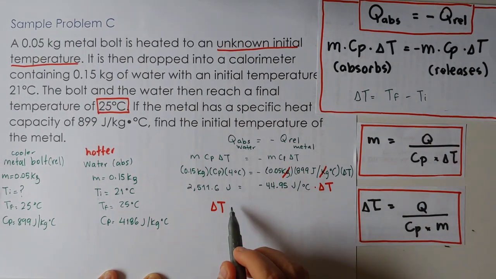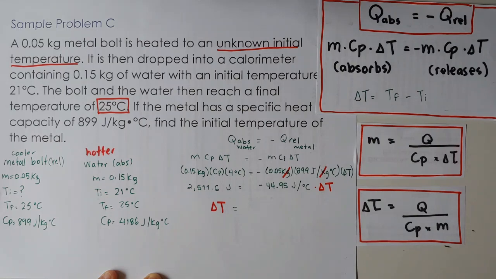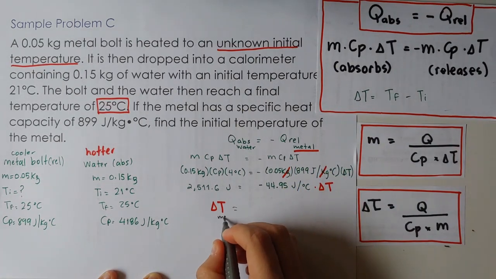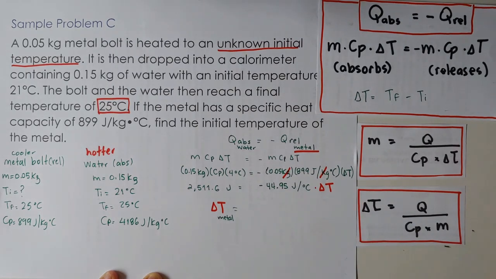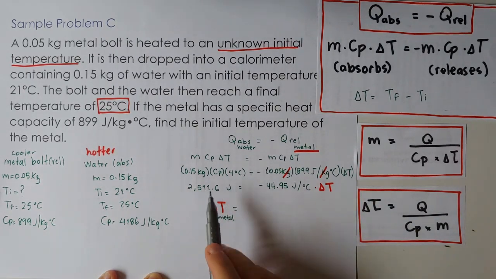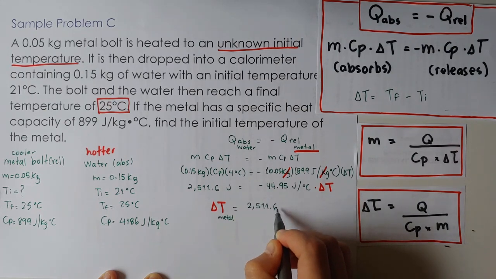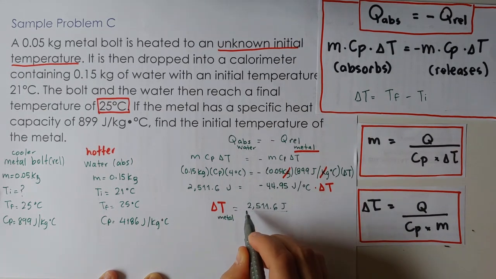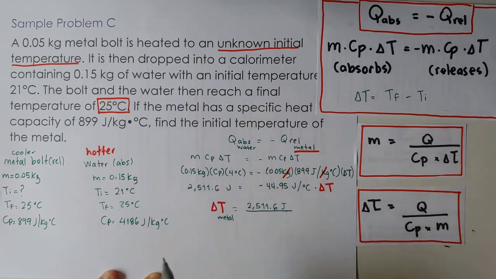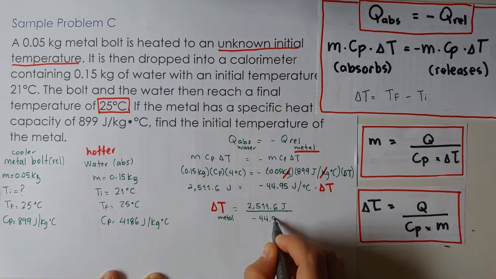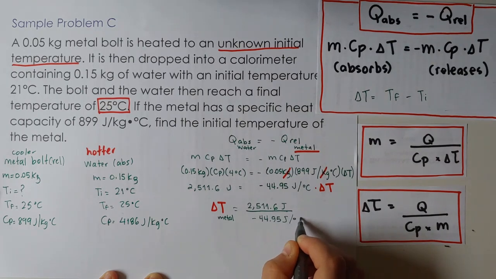You say delta T, or change in temperature of the metal. In this case, we're talking about the metal. I'm gonna write it here just for you not to forget. Delta T of the metal is, this one remains on the other side with the same symbol, and negative 44.95 comes to divide, so it's gonna be divided by negative 44.95 joules over Celsius.